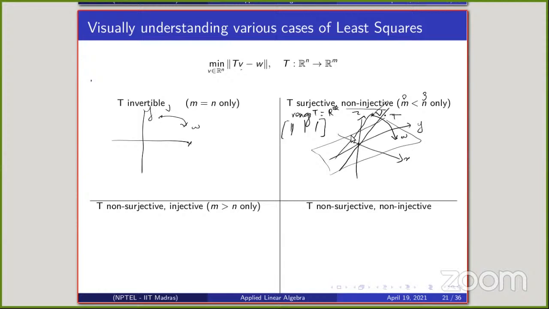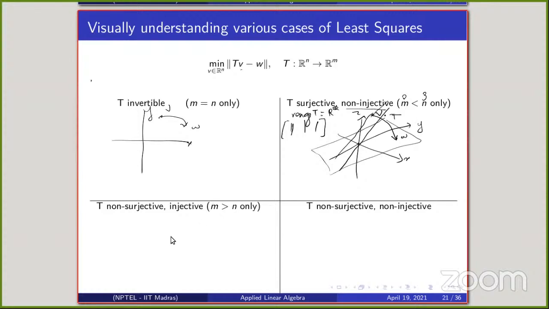So all of these vectors are going to map to one single vector W, which is going to lie in the range of T, which means it's going to satisfy TV equals W, and it's going to have infinite solutions for that. So this is the basic TV equals W equation that we usually solved earlier.